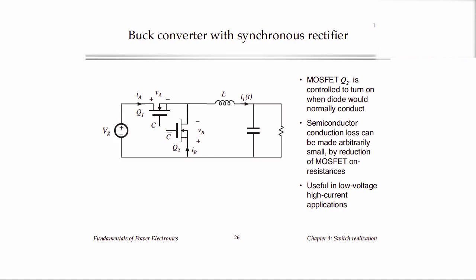Now, why would you want to do that? Well, the celebrated application of this, it was the original application I'm aware of, was in low voltage computer power supplies. And the trend for decades in computer power supplies has been that the voltage goes down and the current goes up as time passes. And we now have processor chips with gate lengths of tens of nanometers, and what happens when the gate lengths are scaled down is that the voltage of the power supply has to scale down as well.